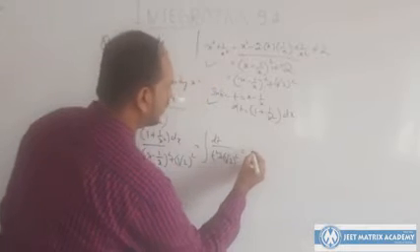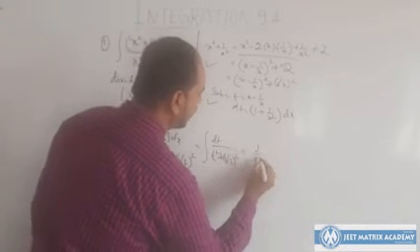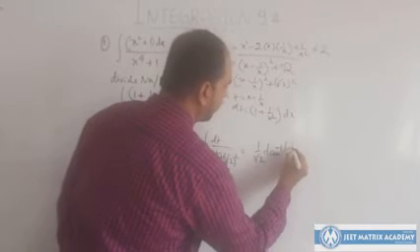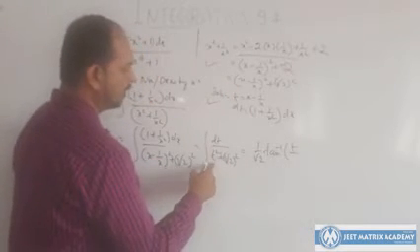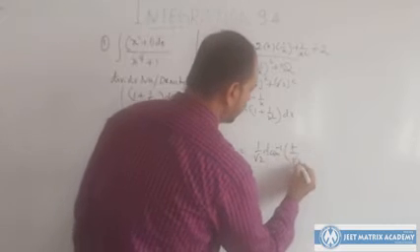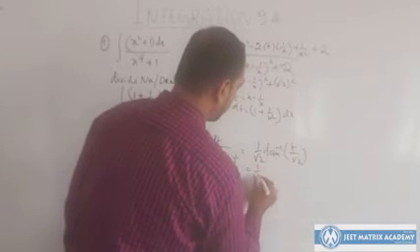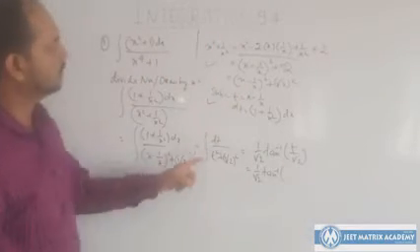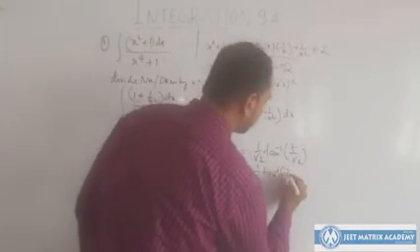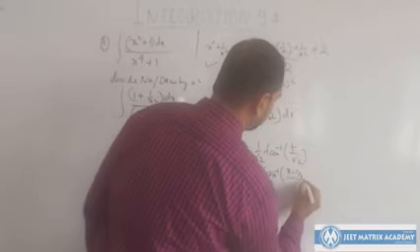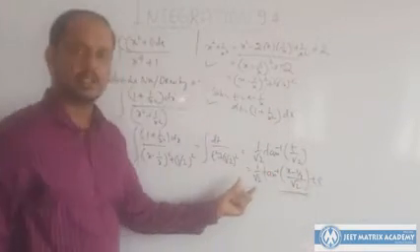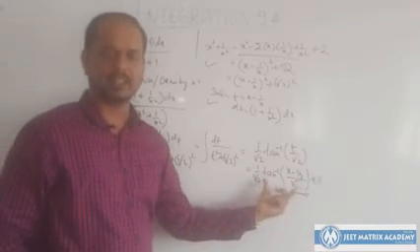So I directly apply 1 by a tan inverse of x by a, that is 1 by root 2 tan inverse of t by root 2, where t is x minus 1 by x.